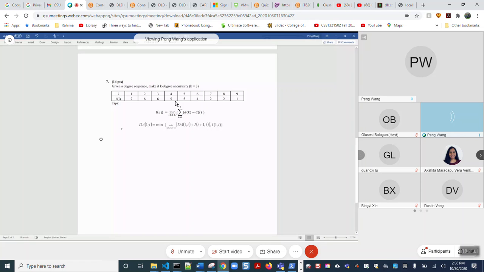The first formula, Iij, means to make the degrees from the ith to the jth the same, and also make sure the modification cost is the minimum cost.